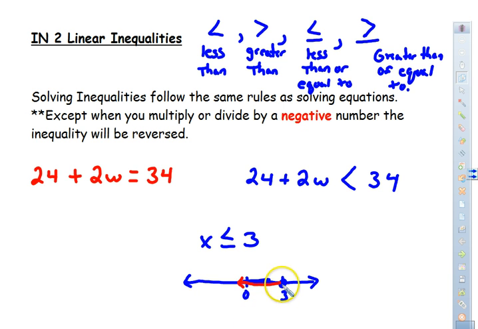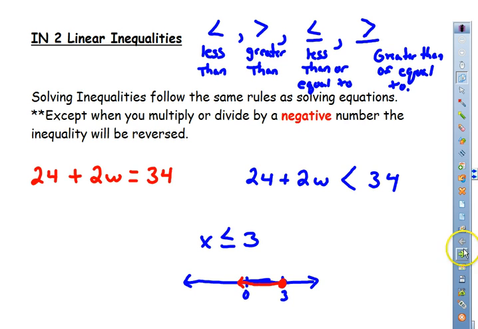So it is all of the numbers starting from that point, including the 3, and going to the left on that number line. That is what it's referring to. So it includes all the negative numbers, including 1, 2, and 3, and the 0. That was what that solution is telling us.